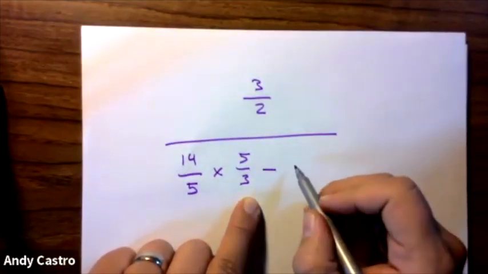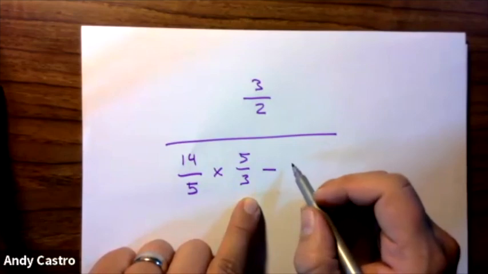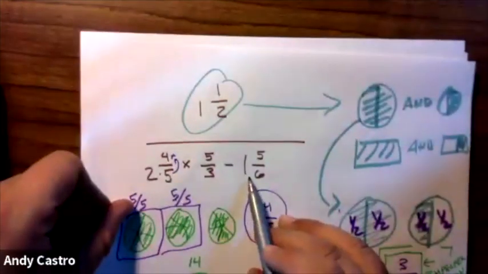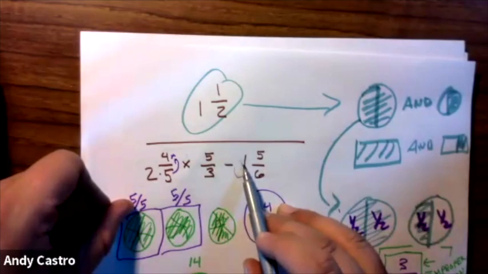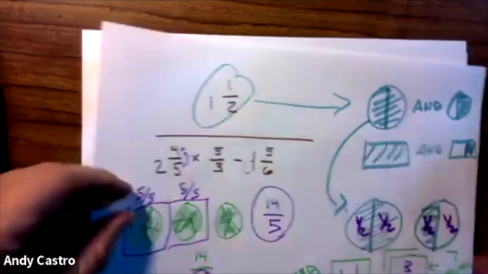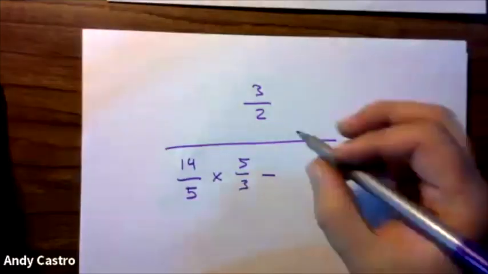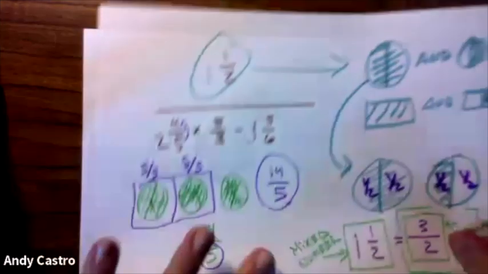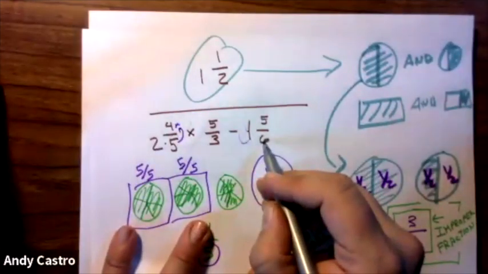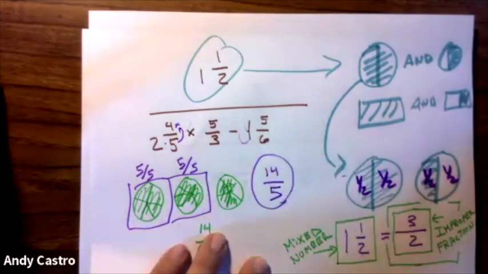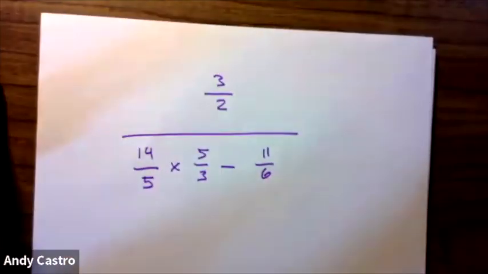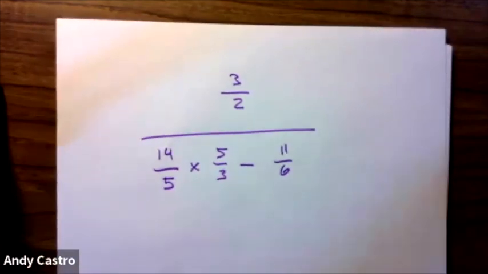And then subtract, I have 1 5/6. Okay. So 1 5/6 means I have one whole, which is 6/6 plus 5. So that's 11/6. The other thing I can do is do 1 times 6, which is 6, plus 5, which is 11. 11/6. Okay. So now I have everything in improper fraction form.